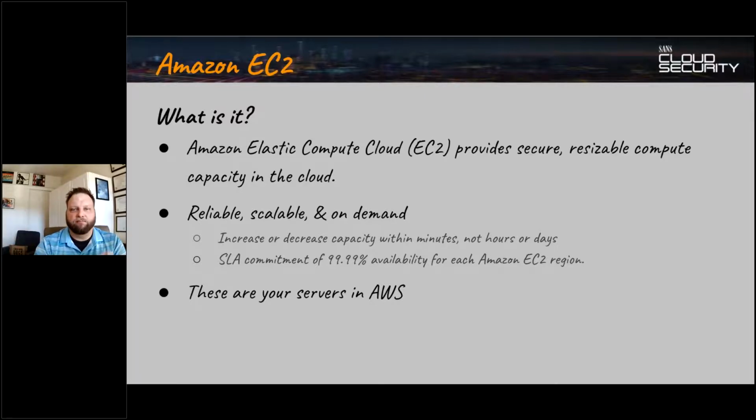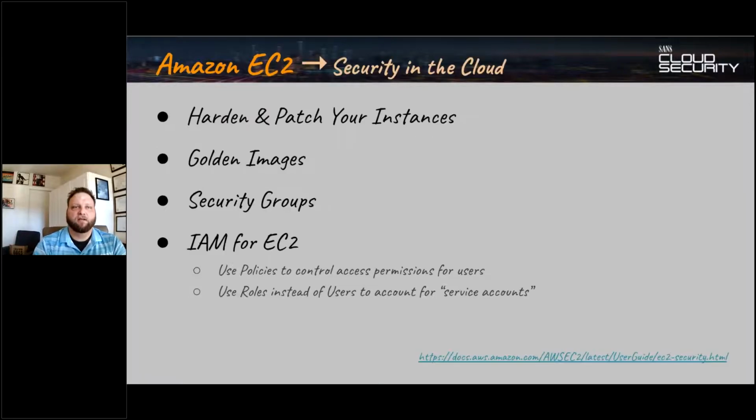I don't know how much that really equates to. I didn't do the math. These are your servers in AWS. I realize Elastic Compute Cloud may not easily translate to servers, but EC2 is your server in AWS. So what are some of the best practices? Here are my security recommendations for EC2.